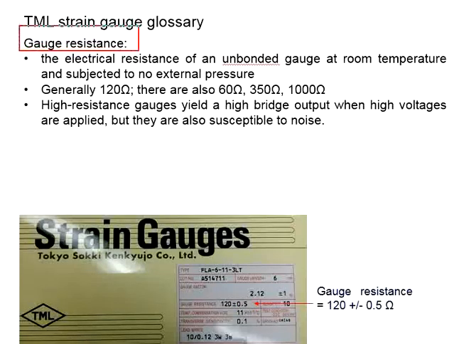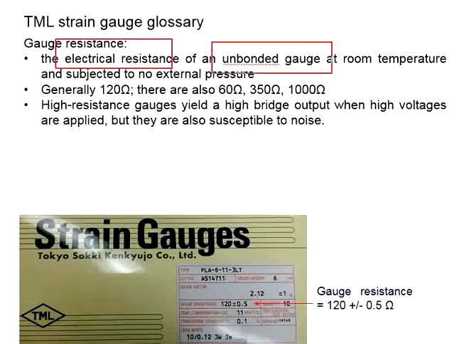Now, this gauge resistance is referring to the original electrical resistance of an unbonded gauge at room temperature subjected to no external pressure. That means under normal conditions, without any deformations, the gauge has its own resistance, and this is normally specified in the specifications of the gauge.